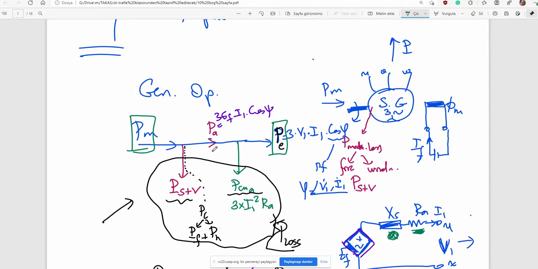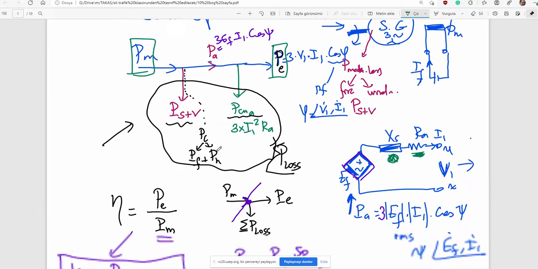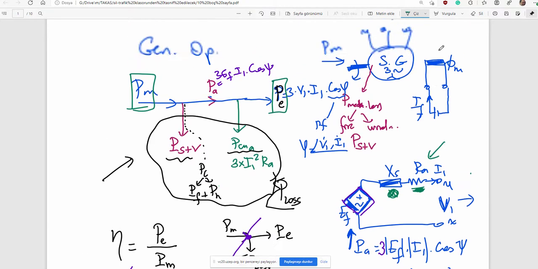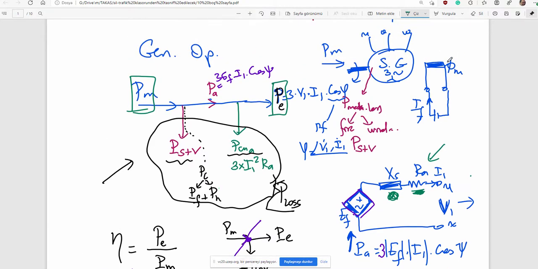There is something more to say. For example, here we only deal with stator armature coils, but ladies and gentlemen, in fact here's a field winding resistance, and there would be some copper losses on the field coil.